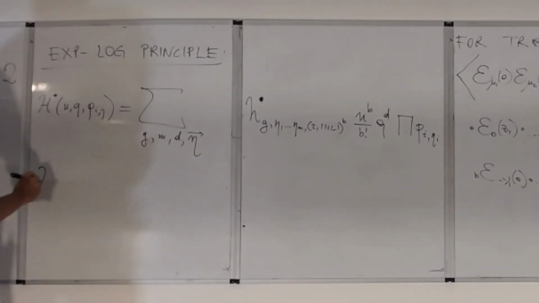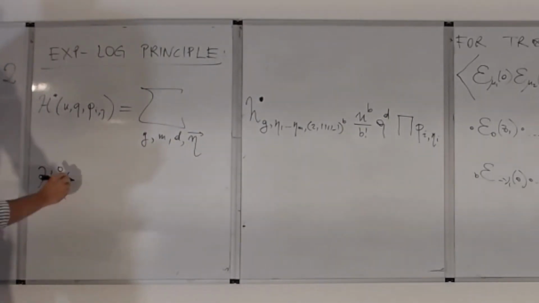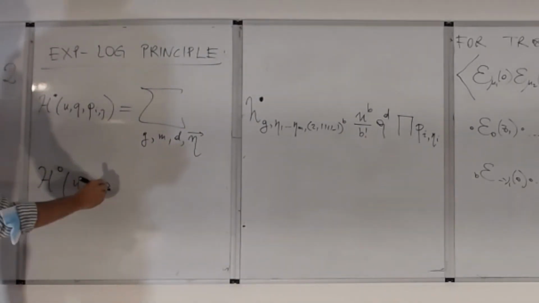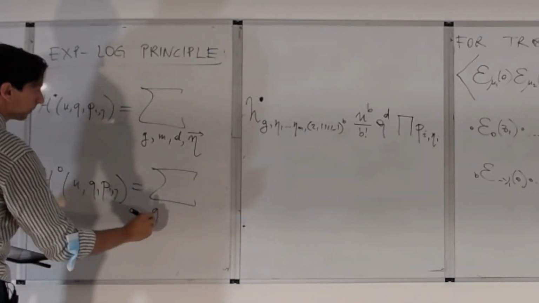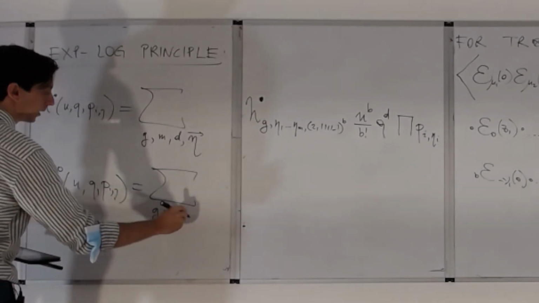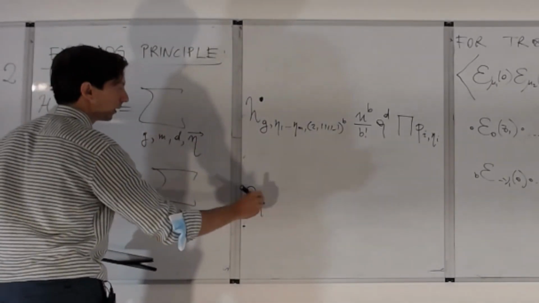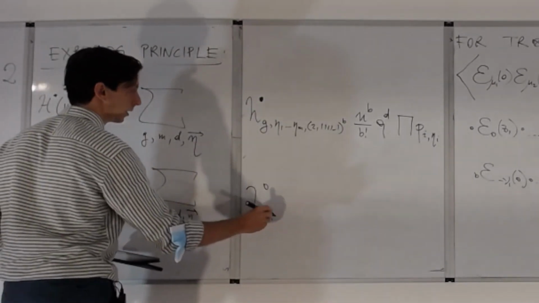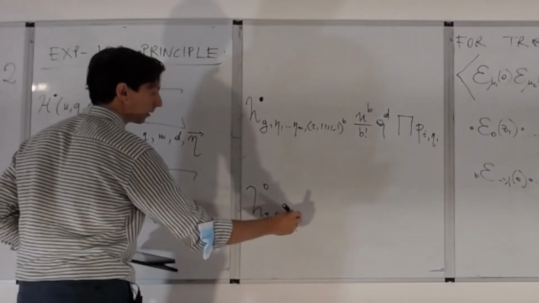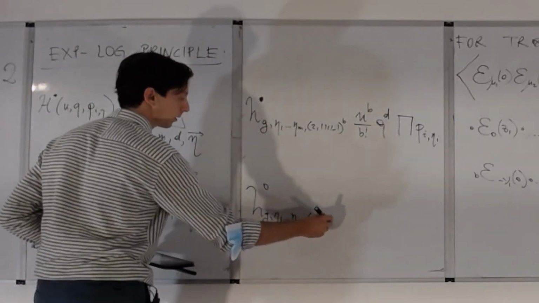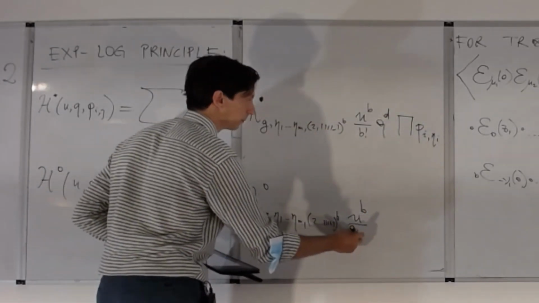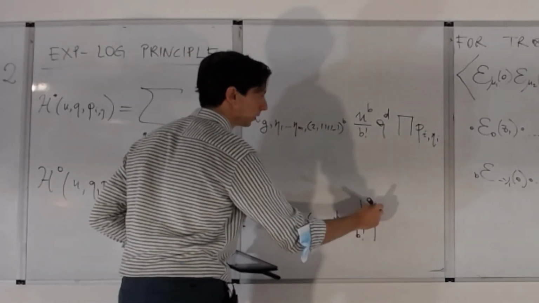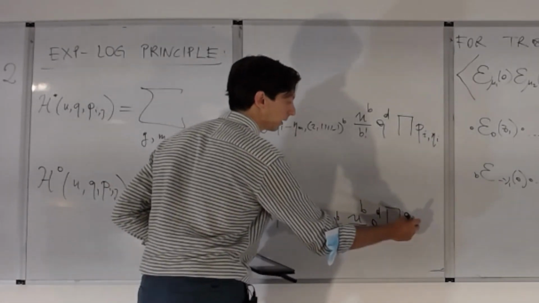And then you define H naught to be just the same, except that here you have the connected Hurwitz numbers. U to the power b divided by b factorial, q to the d, product of p_i.